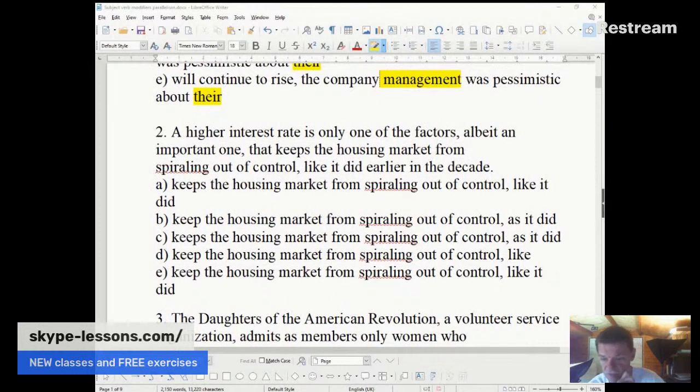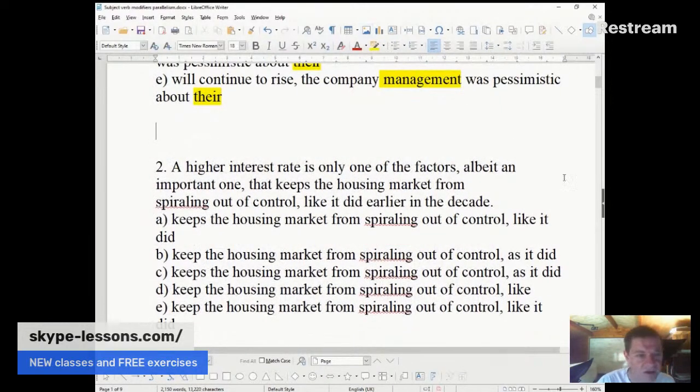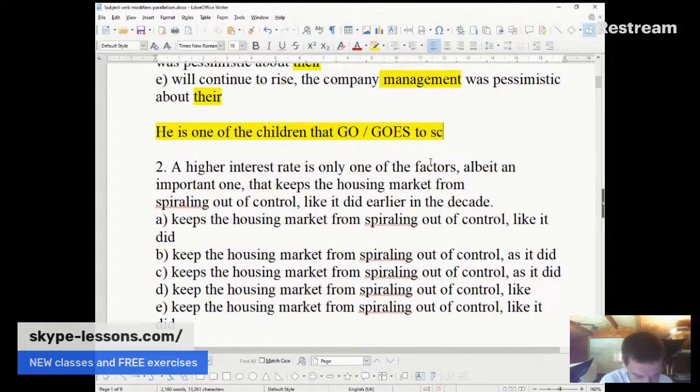Now, this is very tricky, and sometimes it's counterintuitive, the correct answer here. But I'm going to give you a different sentence quickly, which I think I'll write above number 2. Let's just write it. He is one of the children that, okay, go or goes to school on a Sunday.